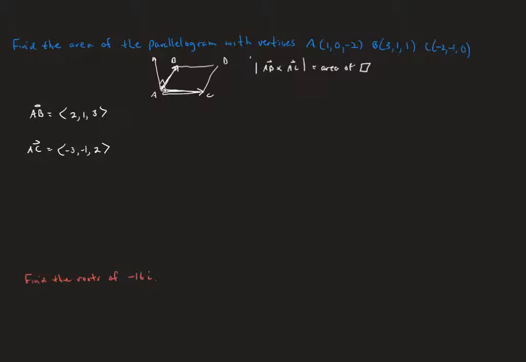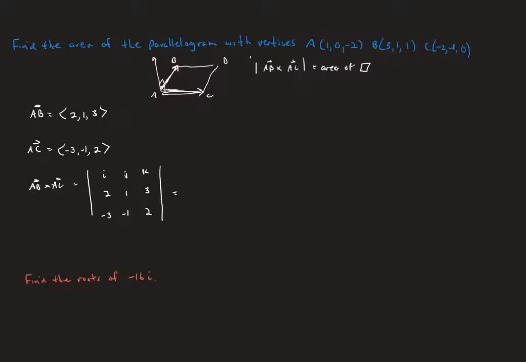So remember that to get the cross product vector, AB crossed with AC, we're going to do this 3 by 3 determinant. We're going to call the top row i, j, k, and then we can go 2, 1, 3, there's vector AB, and negative 3, negative 1, 2 is our vector AC.